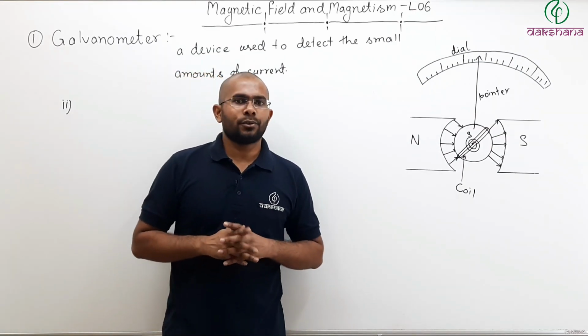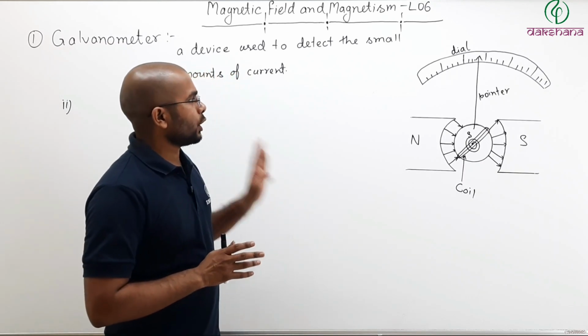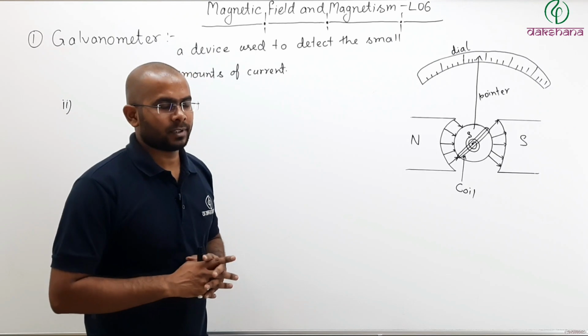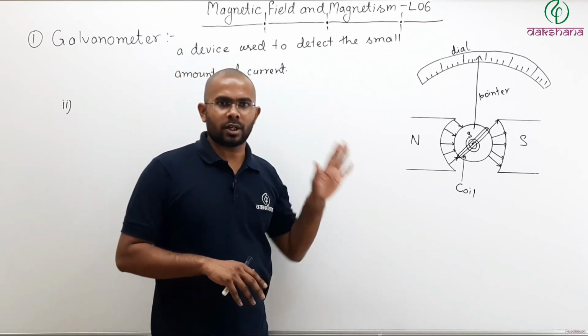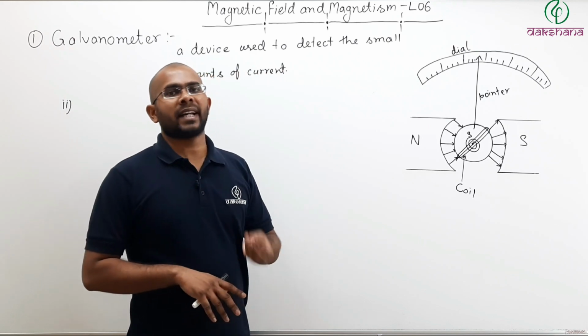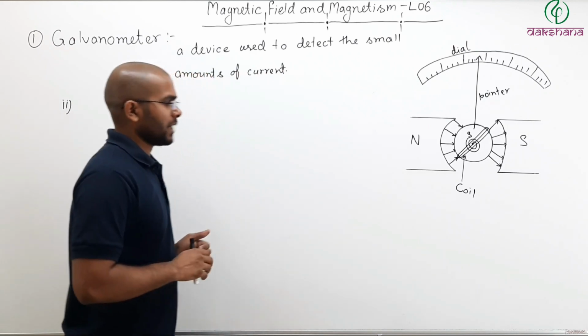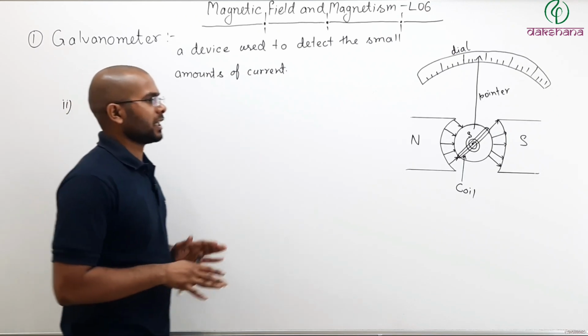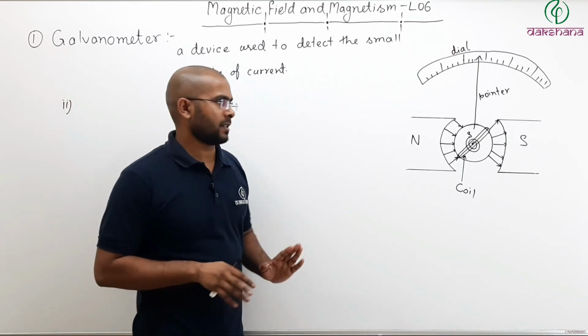Now let us discuss the torque experienced by a loop inside a magnetic field. We have already seen how much the torque is. That is mu cross B, where mu is the magnetic moment. What exactly the magnetic moment is we will discuss in detail, but how to find the magnetic moment, we have already discussed.